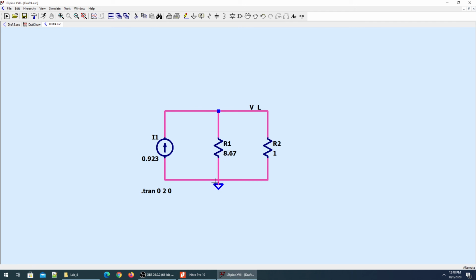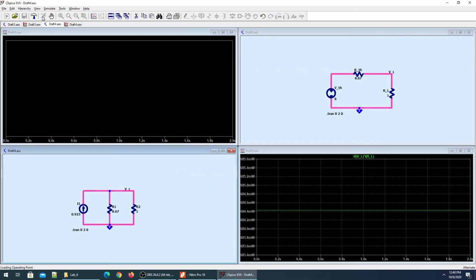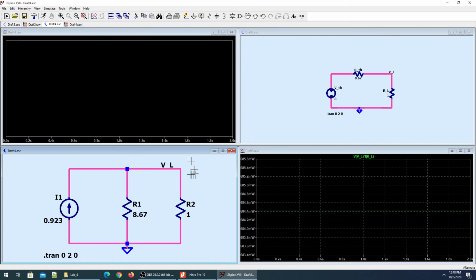I think there's a problem with the ground not being properly connected. So I will connect the ground. Okay, I think that was the issue. Now I'll bring in this one.